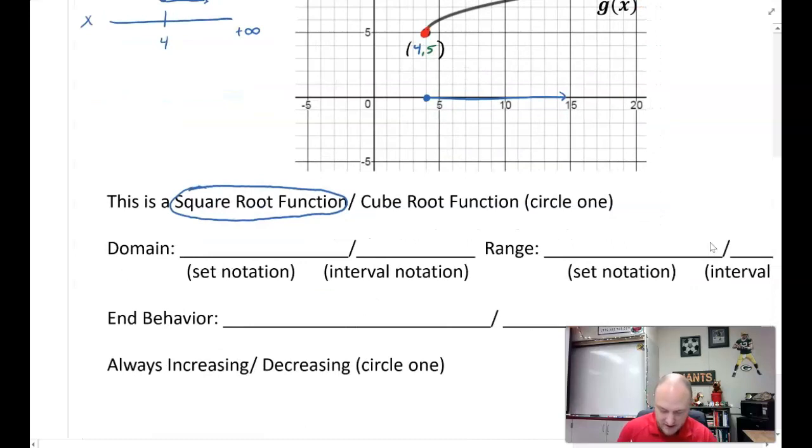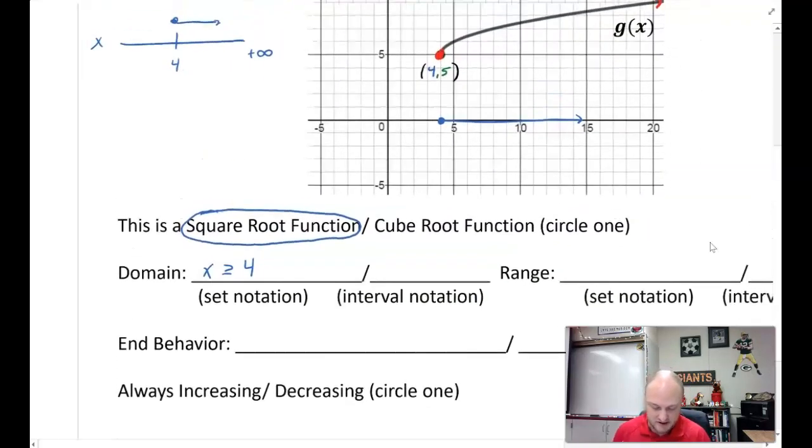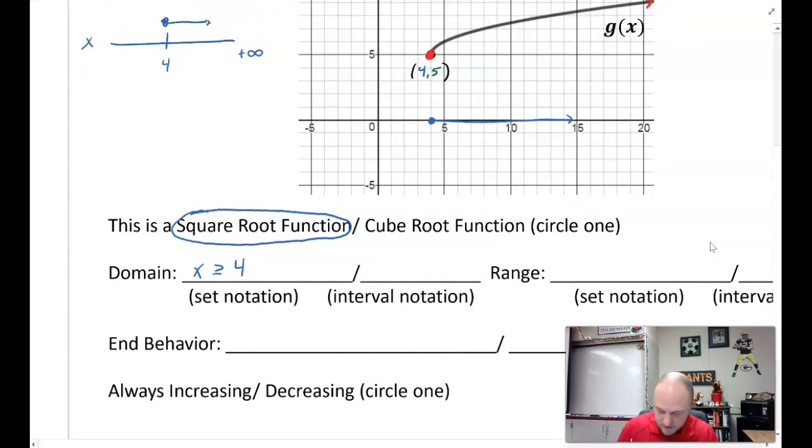For inequality notation, this is x is greater than or equal to 4, because I'm including that endpoint. As for interval notation, it looks just like the number line: 4, including it with a bracket, all the way to positive infinity.